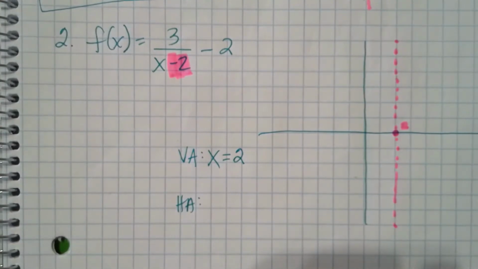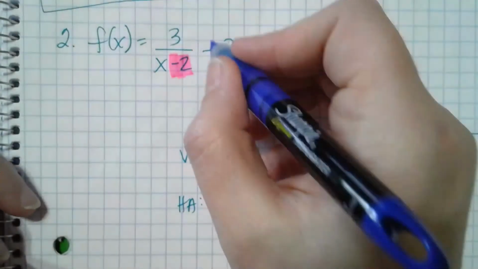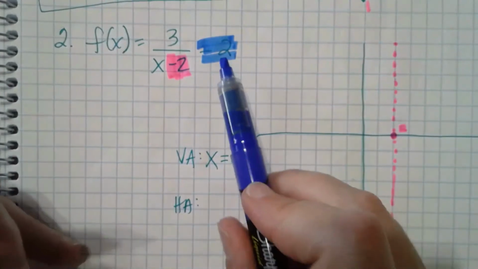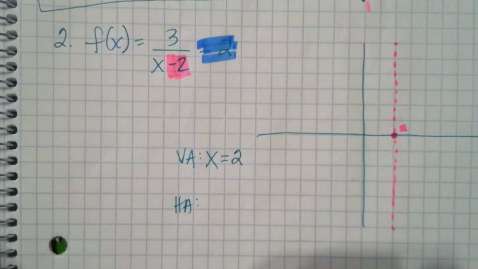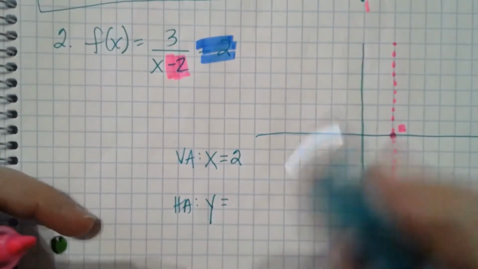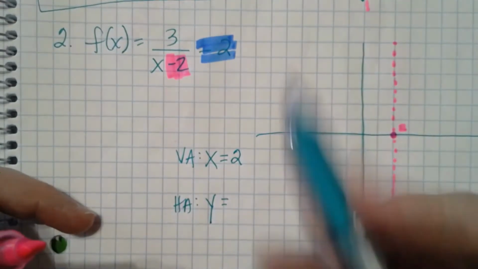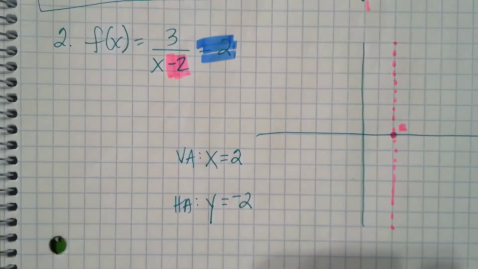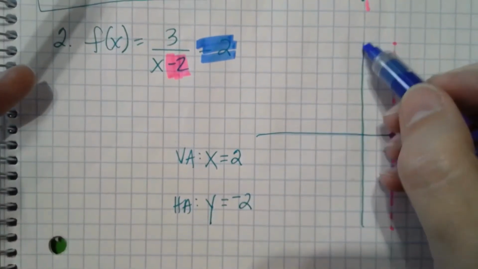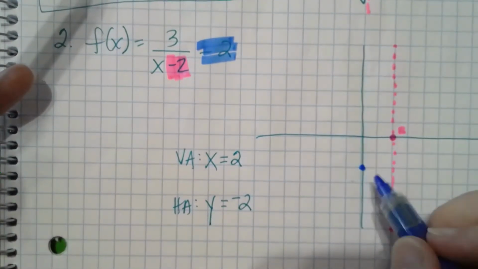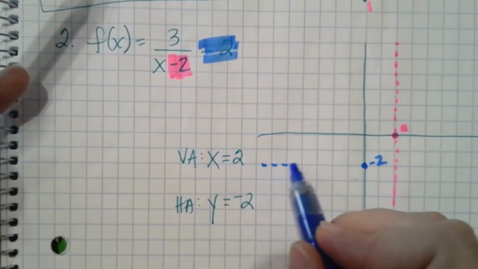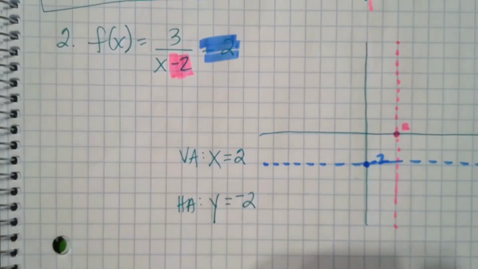My horizontal comes from my k value, which is out here at the back. That says minus 2, so y equals negative 2. On my y-axis, I'm going to go to negative 2, which is right down here, and I put a dotted line through that.